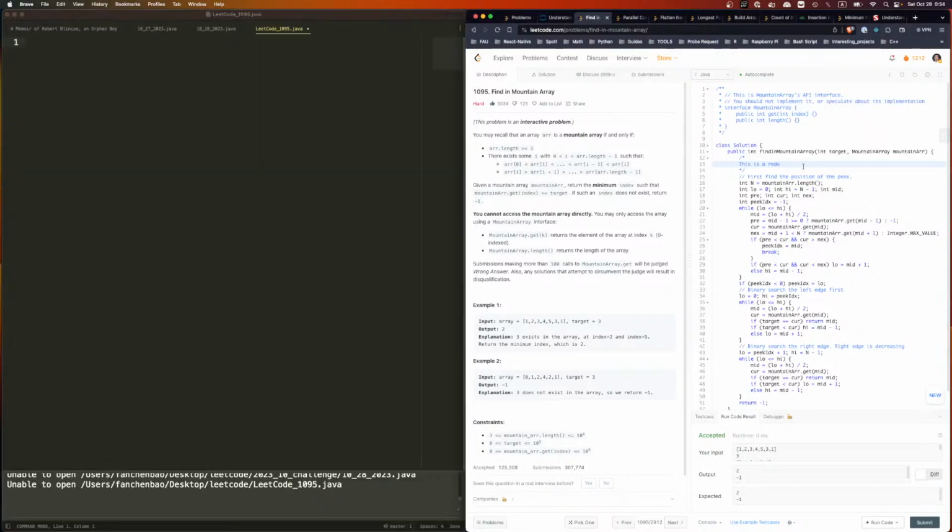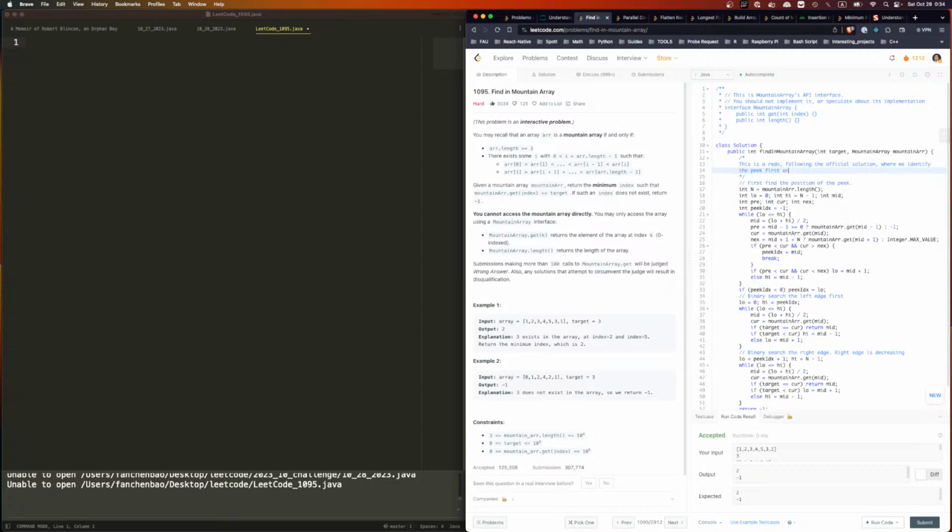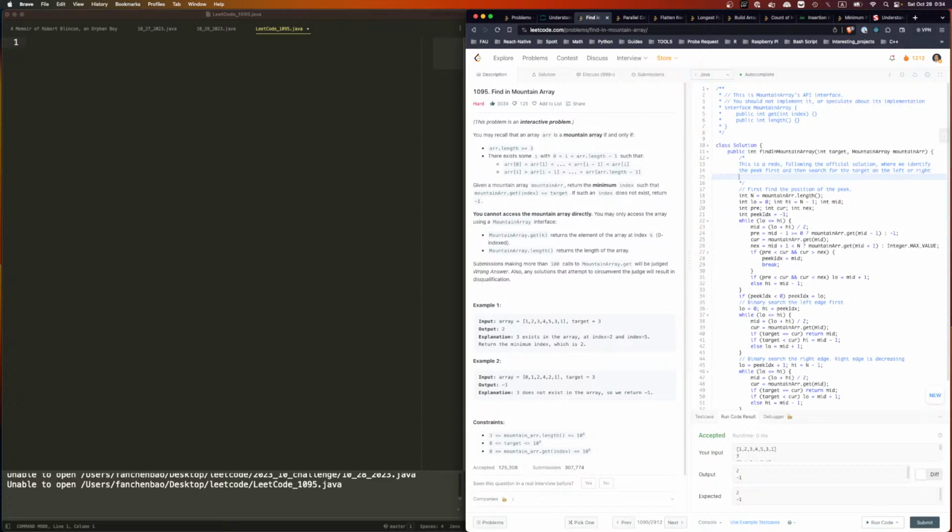Yeah, this is a redo following the official solution, where we identify the peak first and then search for the target on the left and right slope. Slope, that's the word. Slope, that's not edge. Slope.